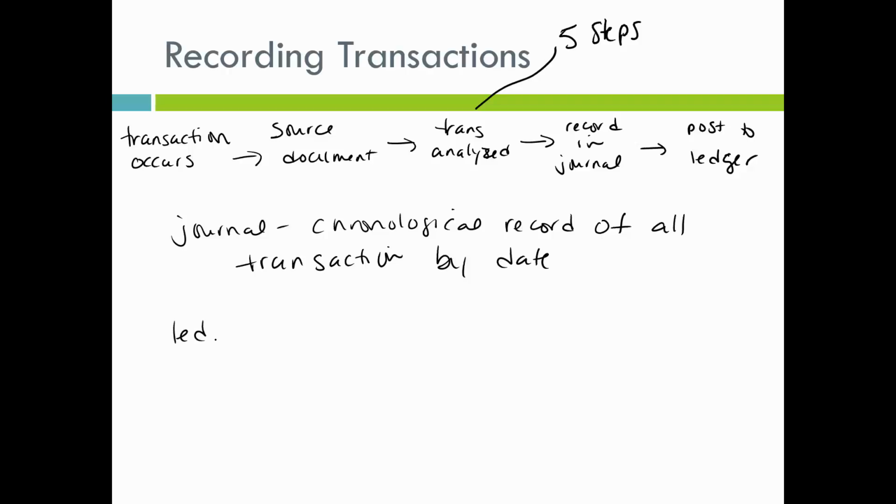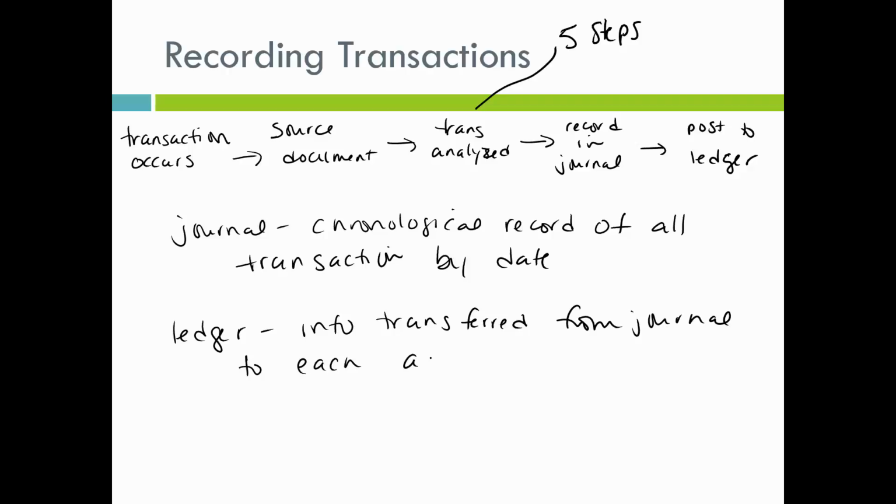The ledger, the info is transferred from the journal to each account. And they've got this system of cross-referencing. They're both important in their own way.